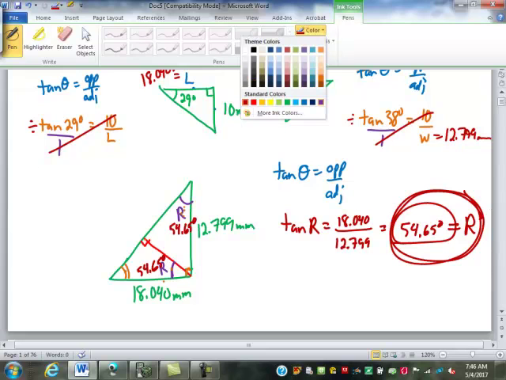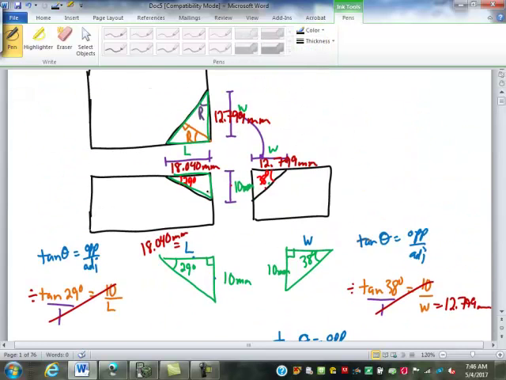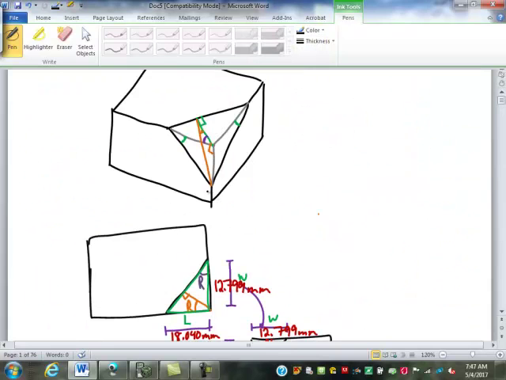Now to find my angle of tilt, and this is where it gets tricky. My angle of tilt, if I go back up to my original drawing here, is this angle right here. It can be really tough to visualize this triangle. It's this triangle here that goes up the corner to this edge, up the edge to this corner, and it cuts across.